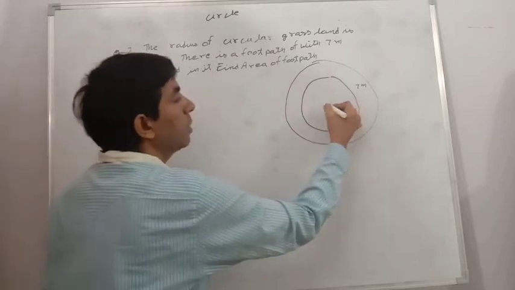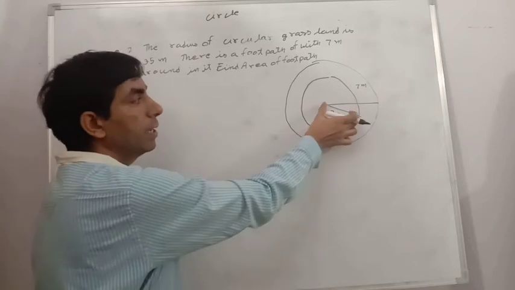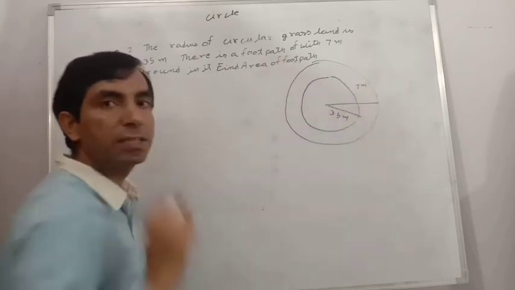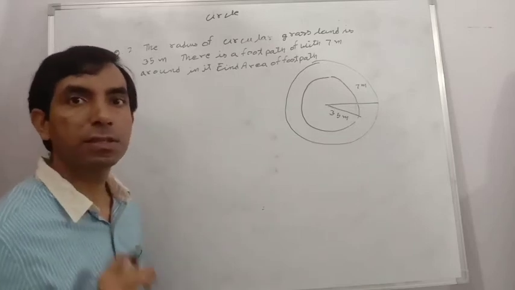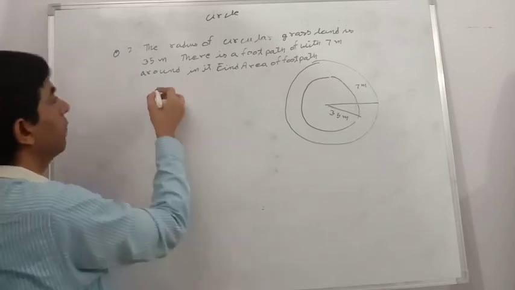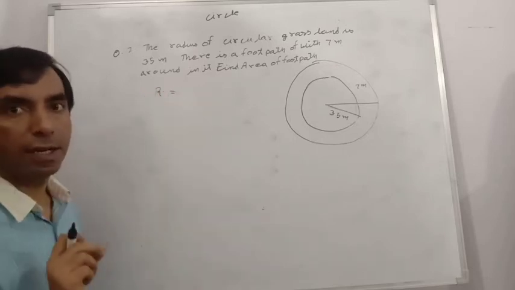Now if we want to find the radius of the larger circle, then inner radius plus width of path gives the larger circle radius.